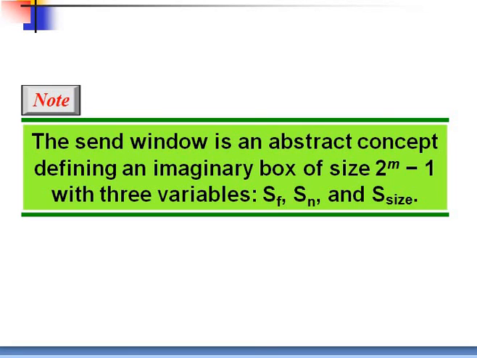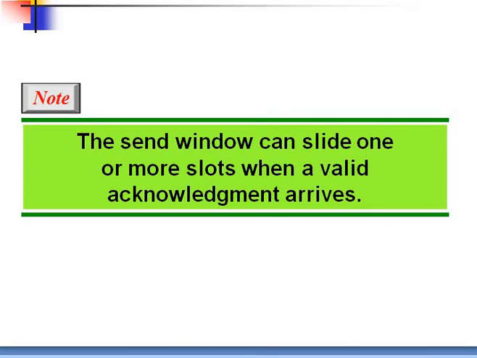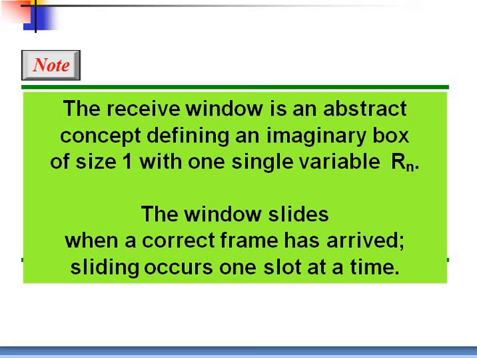The send window is an abstract concept which defines an imaginary box of size 2 raised to m minus 1, where three variables are used: the total size of the window, that is 2 raised to m minus 1, SF and SN. The send window can slide one or more slots when a valid acknowledgement is received. The receive window is an abstract concept defining an imaginary box of size 1 with one single variable RN. The window slides when a correct frame has arrived, and sliding occurs one slot at a time.